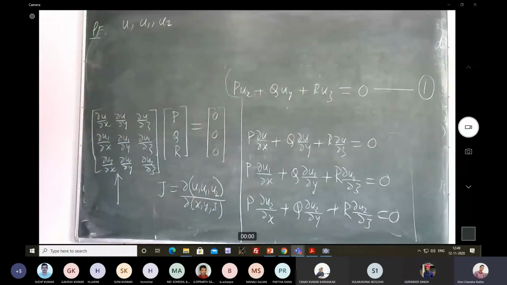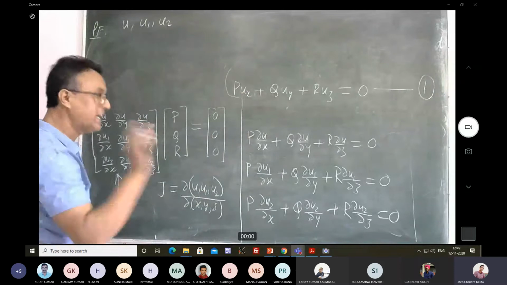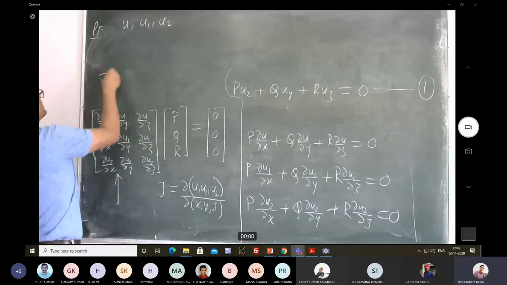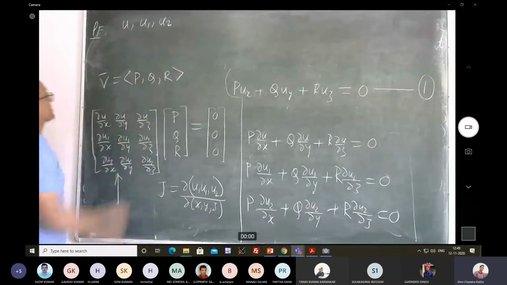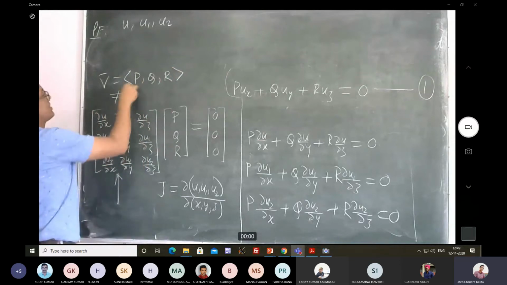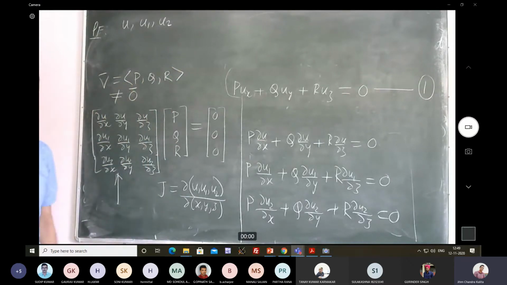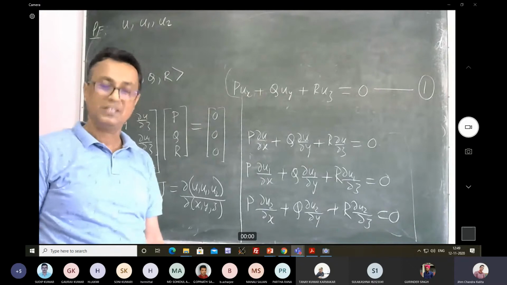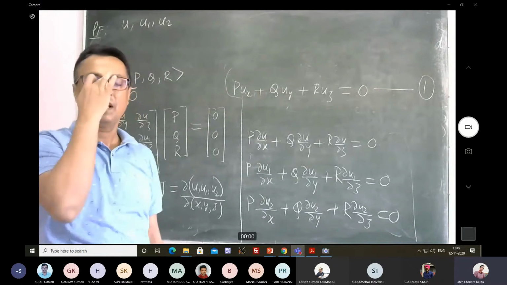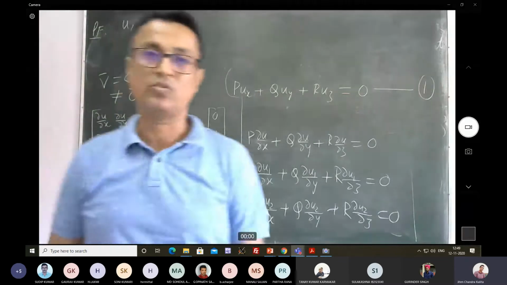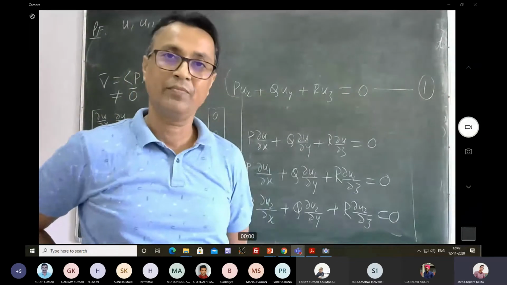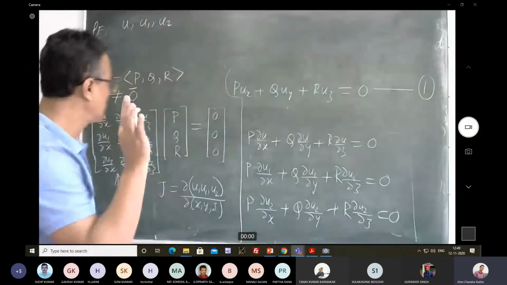Yes, sir. Right? And again, we have chosen the vector field in such a way that V is non-vanishing, isn't it? So that means at least one of the P, Q, R is non-zero, right?